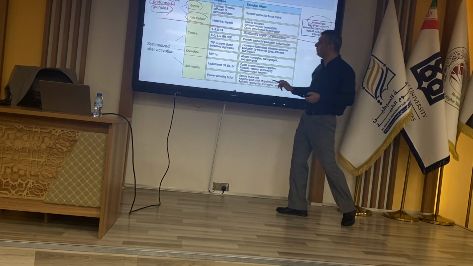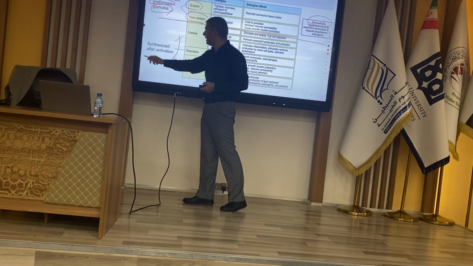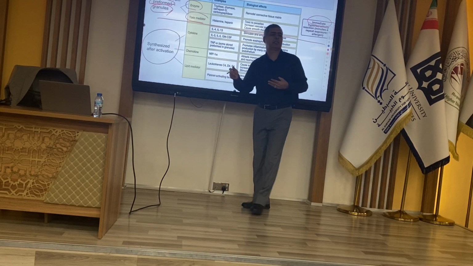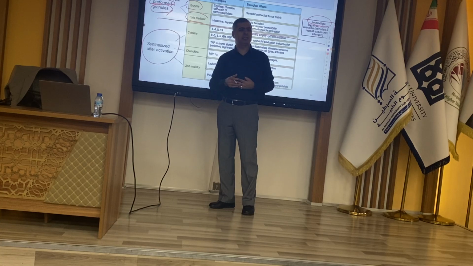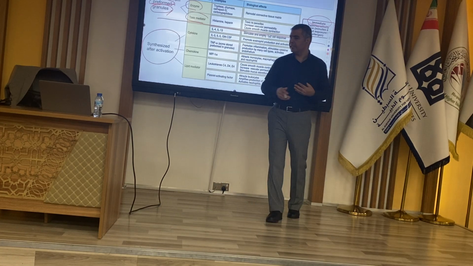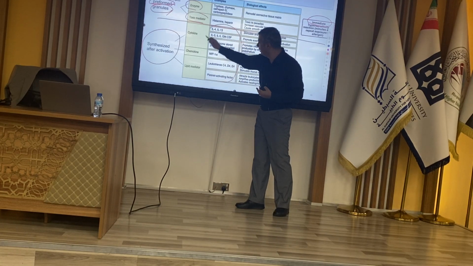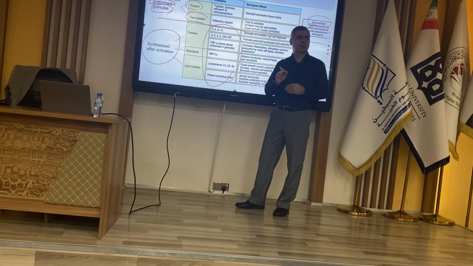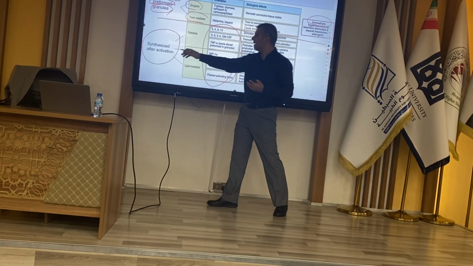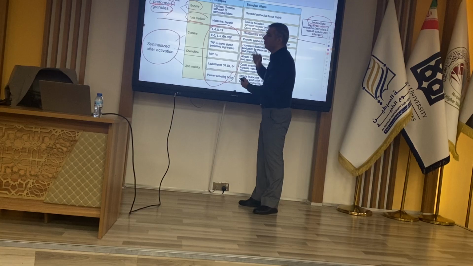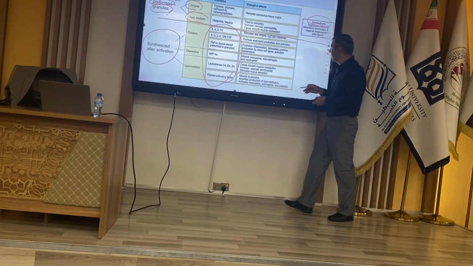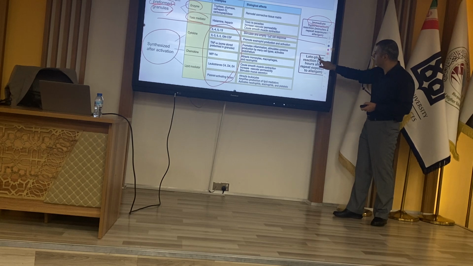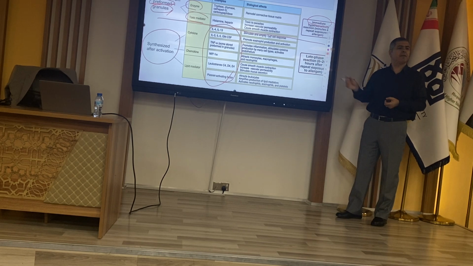And the second group is the products that need to be synthesized. They have to be made after activation. Before activation of the mast cell, we do not have the second group in the granules. But after activation, mast cells will begin to produce them. So the production of them takes time. That's why they are responsible for late phase reactions after a few hours.